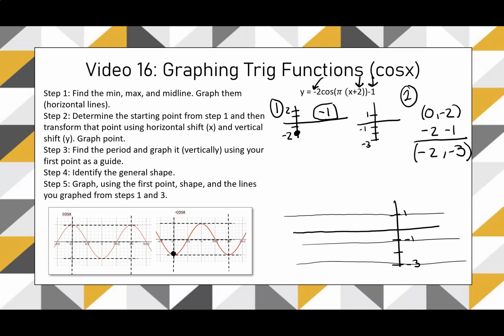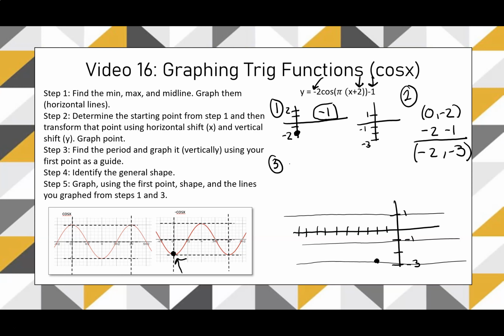And then I want to graph my starting point as well. So that's going to be (-2, -3). And I'm happy again, right? Because I know that I should be starting on the min line for my negative cosine x. Okay, fantastic.